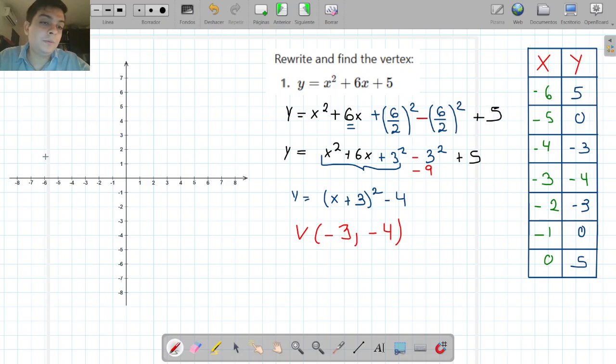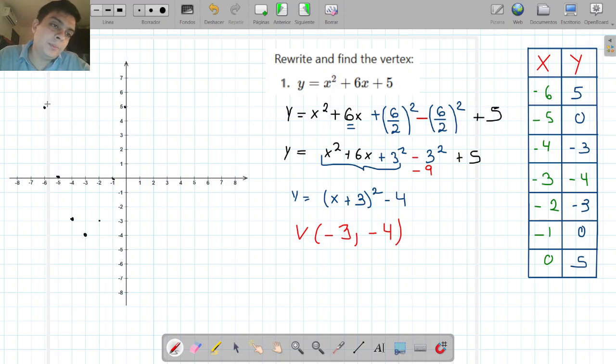Minus 6, 5; minus 5, 0; minus 4, minus 3; minus 3, minus 4; minus 2, minus 3; minus 1, 0; and 0, 5.